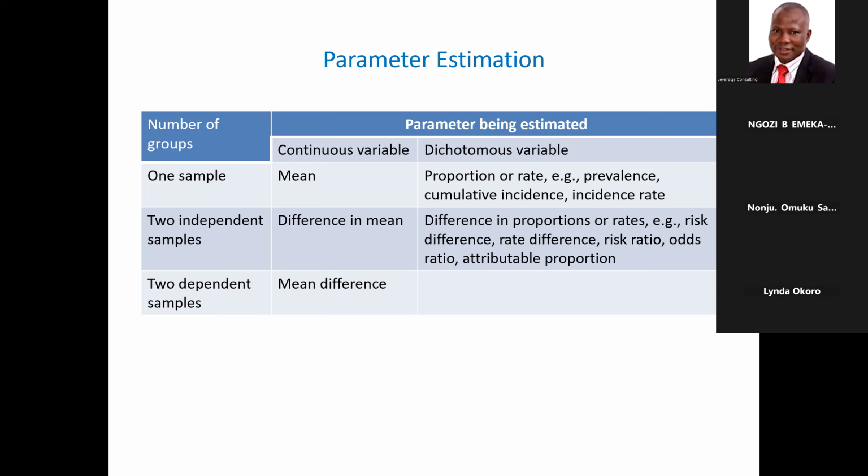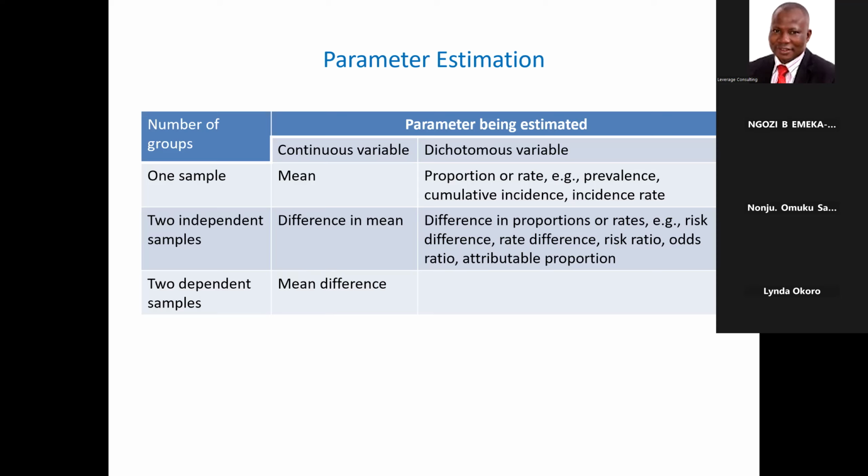If you are dealing with two independent samples, you are looking at the difference between means for the continuous variable, and for the other, differences in proportion, differences in rate, risk ratio. You can calculate the odds ratio and attributable proportion.